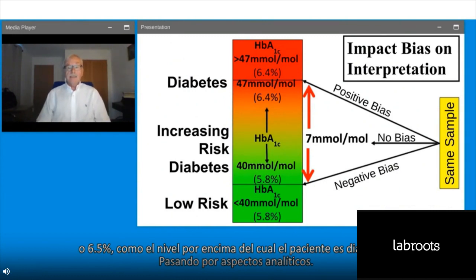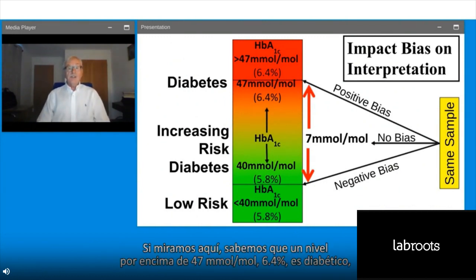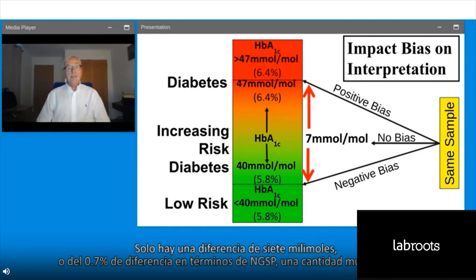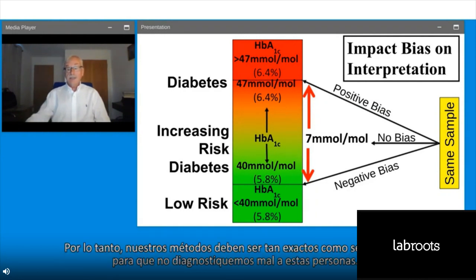Going back to analytical aspects, if we look here, we know the level above 47 millimoles per mole, 6.4%, is diabetic. But then you've got low risk of being diabetic, a value less than 40 millimoles per mole, or 5.8%. That's only a 7 millimole difference, or 0.7% difference in NGSP terms, a very small amount. So our methods need to be as accurate as they can be so we don't misdiagnose these individuals.